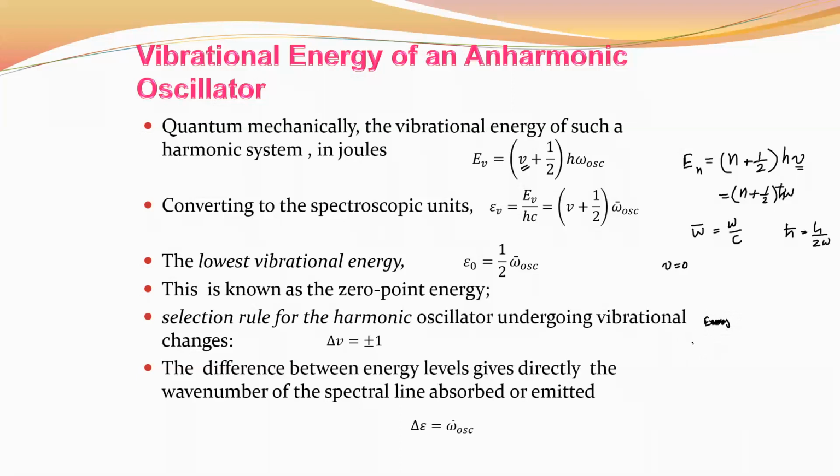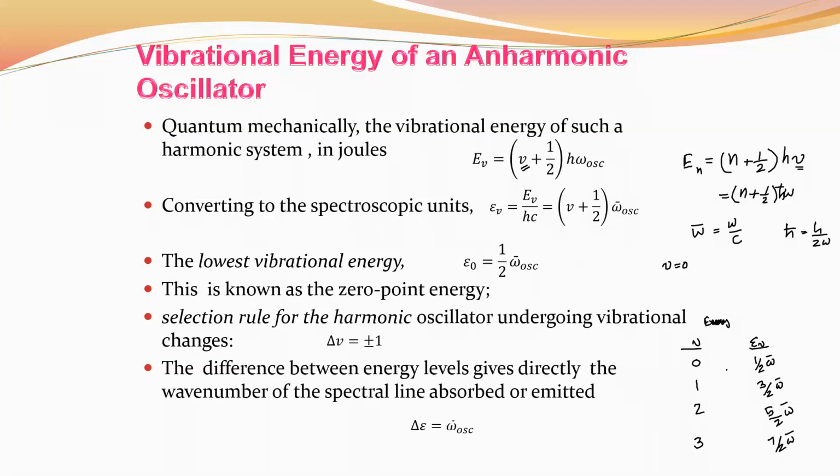I write the value of v here and the energy here. So v is equal to 0, the lowest one, then it must be equal to 1 by 2 omega bar. Then v is equal to 1, 3 by 2 omega bar. Then v is equal to 2, 5 by 2 omega bar. And for v is equal to 3, 7 by 2 omega bar.